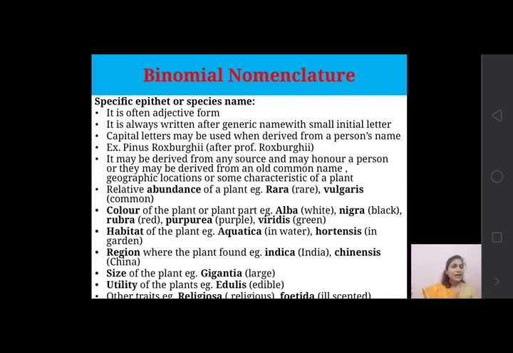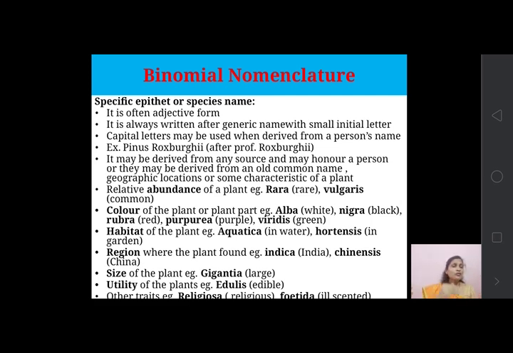For example, the relative abundance of a plant. When we want to show the abundance, meaning the quantity, how much of it there is, we use a specific meaningful Latin word to give the species name to that plant. For example, rara. The meaning of rara is rare.